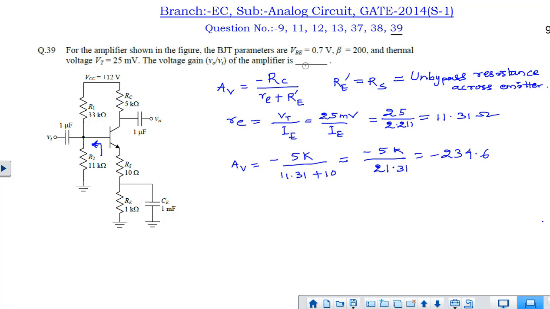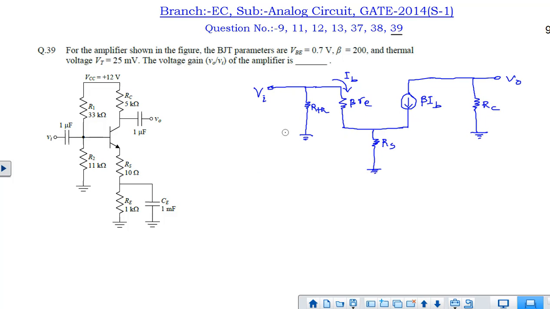If we want to find out how this expression came, then we can easily find out from the small signal circuit. We can easily draw the small signal circuit, that is Rth, the parallel combination of R1 and R2, and beta re, and here the RS will be there, beta IB, the current dependent current source, and RC is the only resistance that is here.